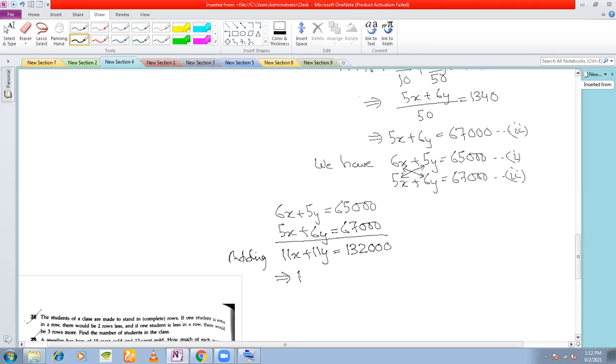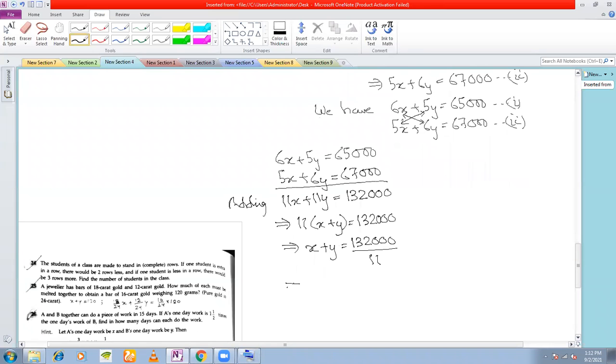That means now you can take 11 common. You will get x plus y is equal to 132,000 divided by 11. That means you are getting x plus y is equal to 12,000. This is your equation number 3.